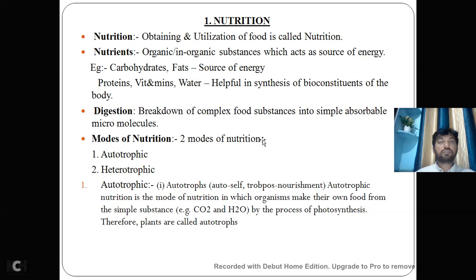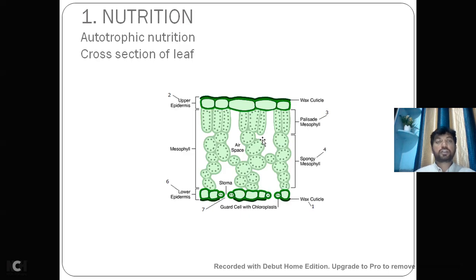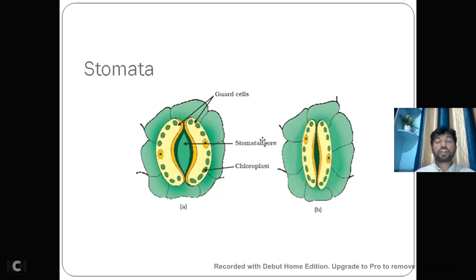All that we have learnt, and photosynthesis, the food making process in plants, how it takes place, the site of photosynthesis, where photosynthesis takes place, and the reaction involved in photosynthesis, all that we learnt in the last class. And the cross section of leaf and the stomata we have learnt in the last video.